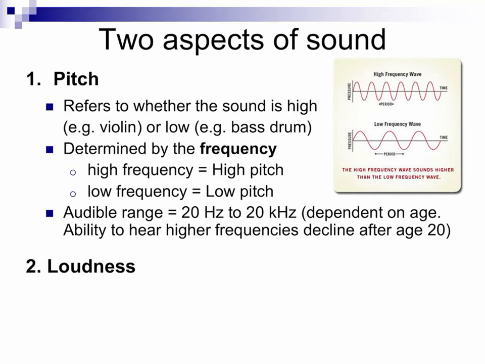I don't know if you've heard of those sound devices in the market that are used to scare away rats, rodents and pests from the home, and they emit this high frequency sound.